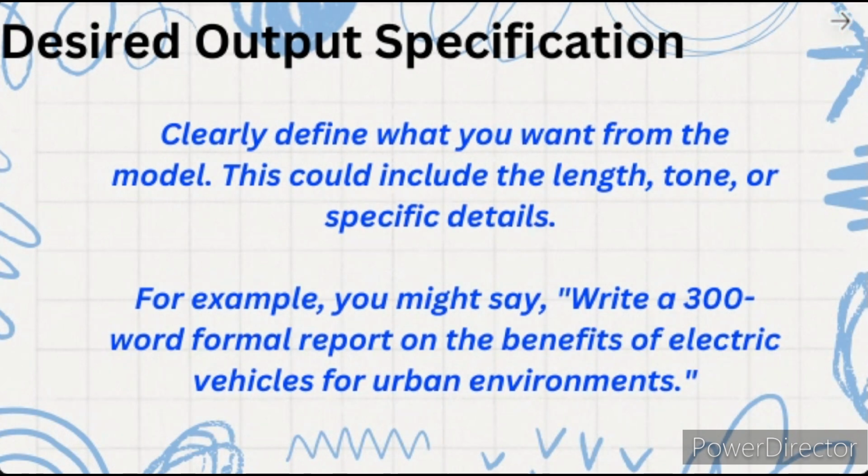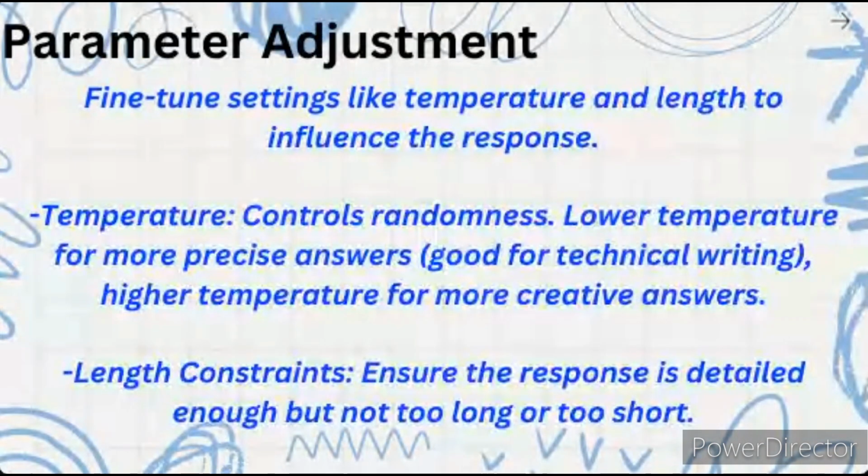Lastly, for this part is parameter adjustment. It means fine-tuning settings like temperature and length to influence the response. Now, some of you might ask, what is temperature and length constraint? How is that applicable to AI or prompt engineering?